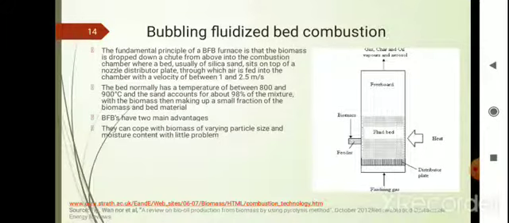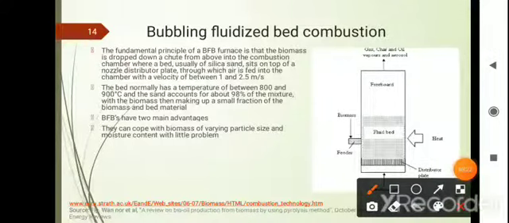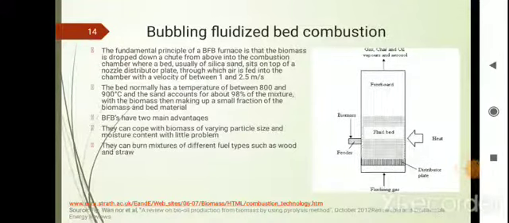Its main advantage is it can cope with biomass of varying particle size and moisture content. So any moisture content and particle size we can use, and it can use different types of fuels. So if you are mixing biomass, suppose you are mixing wood and straw, you can use that, even different biomass mixed together in this type of combustion system.